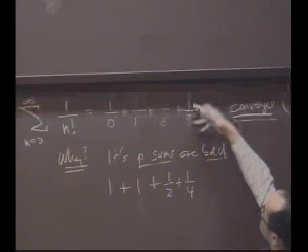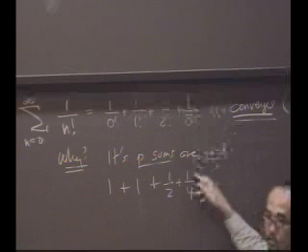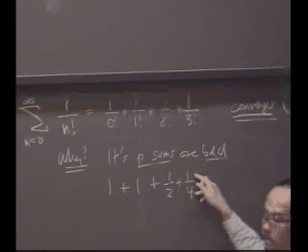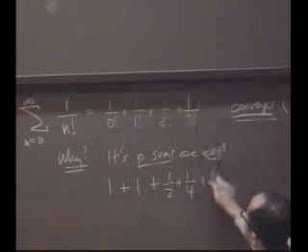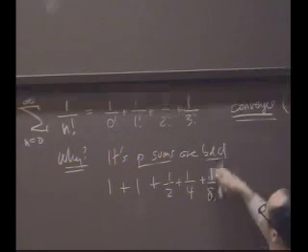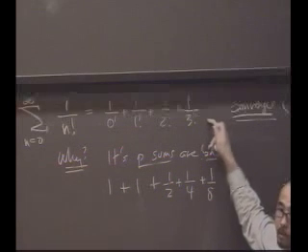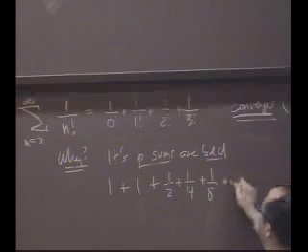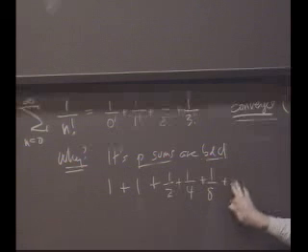Because this is 1 over 2 times 3, and this is 1 over 2 times 2. Yes? This is smaller. Would you agree the next term is actually less than 1/8? Because this is 2 times 2 times 2, and this is 2 times 3 times 4. So if you add up these things, the partial sums are bounded.